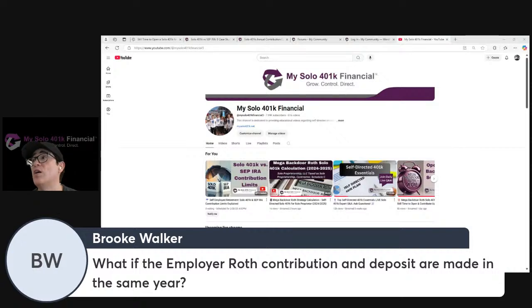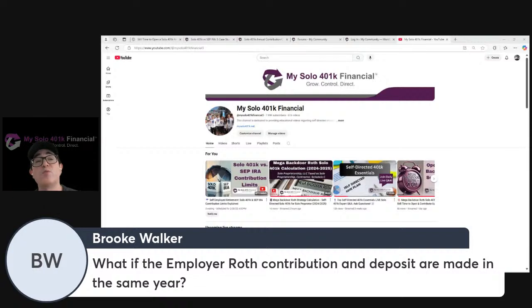Now, with this whole discussion around employer Roth contributions, I think it's noteworthy that in our experience, based on our client feedback and their experience, this was not really a big event for our customers when the law was made. I mean, it's a big change, right? Because historically, those employer contributions were always made as pre-tax contributions, and now you can make them as Roth, right? So, like I said, there was a lot of confusion. Okay, how are we going to report this?